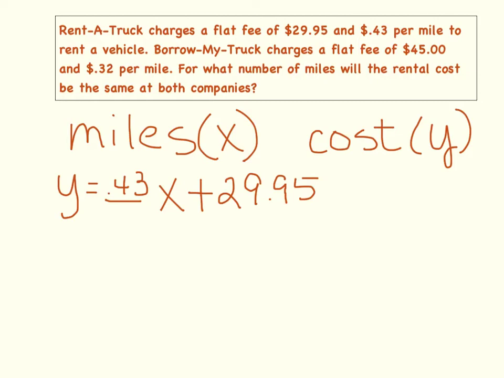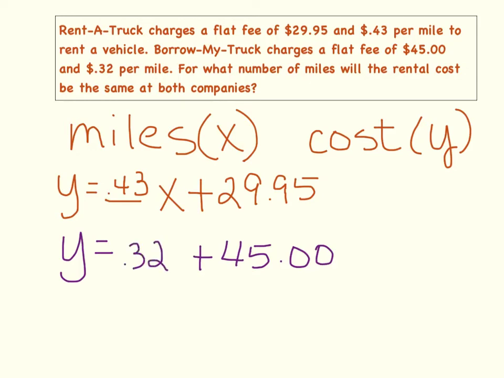Again, it will start out with y equals, and the second company charges a flat fee of $45, so that is going to be my y-intercept or my b value, and it's positive, so I'll put a plus in front. And then how many cents per mile? It's 32 cents per mile. And so now we have our second equation. Y equals 32 cents per mile plus $45.